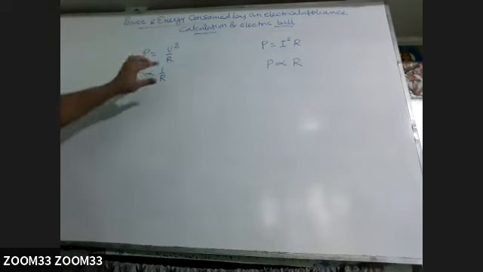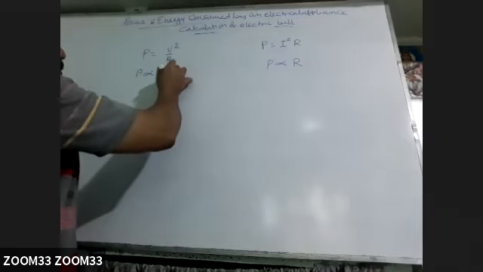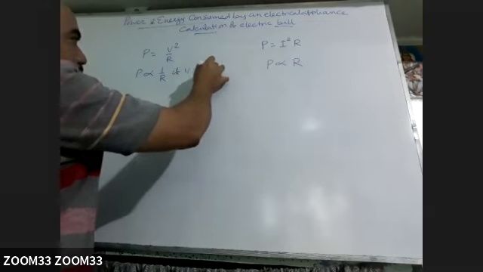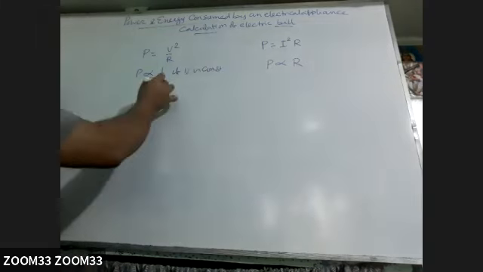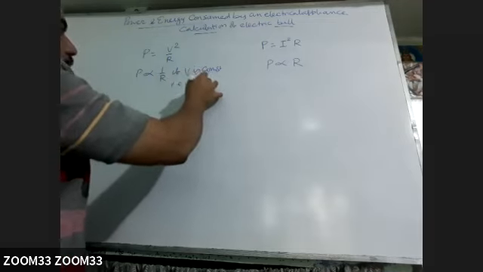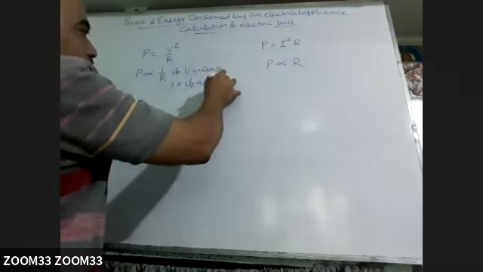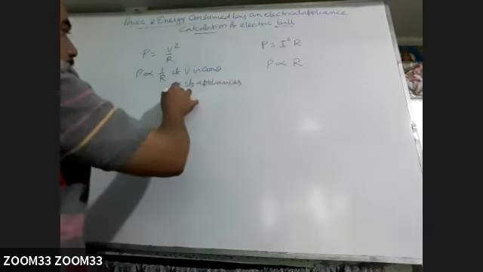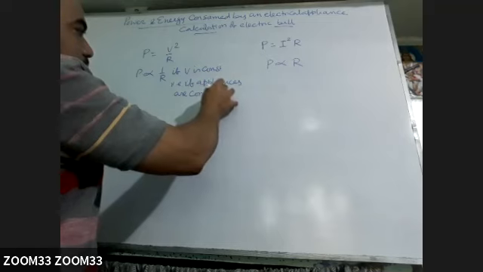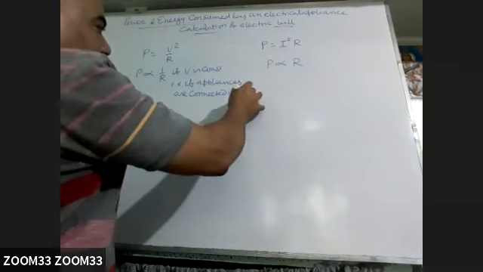Provided here, what is the condition? If V is same, so power will be inversely proportional to R if V is constant or V is same. That is, if appliances are connected in parallel.